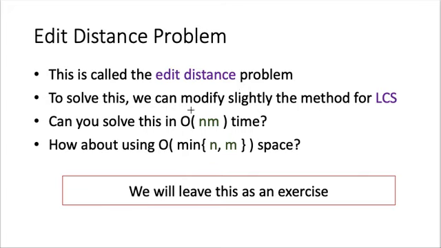This can be solved in order nm time, and also it can be solved in minimum of nm space. So we will leave this for you as an exercise. And finally, if we are able to find out what is the minimum number of operations, then see if you can use backtracking to find out what are the corresponding edits that we need to do in order to get the conversion.